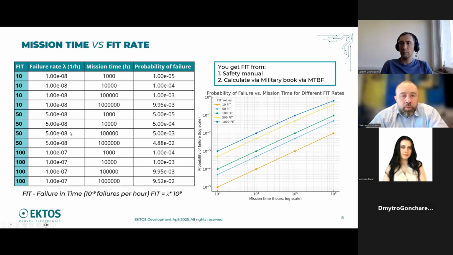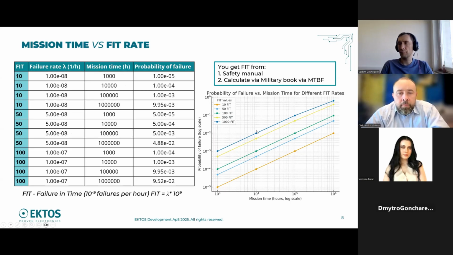Then from our requirement specification we can also derive the mission time that we normally calculate from the application. And by having these two, based on FIT and requirements, we can also calculate the probability of failure.